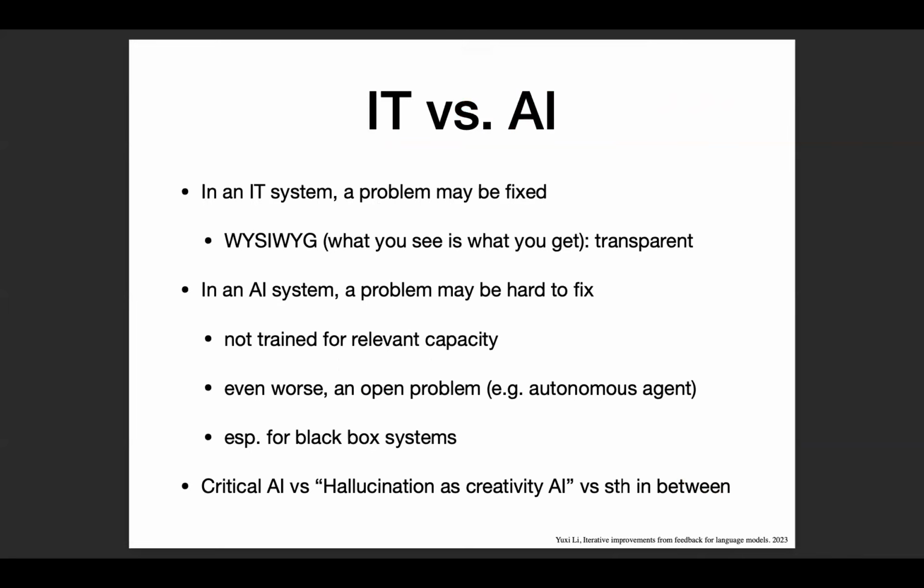IT versus AI, maybe. IT is especially transparent. What we see is mostly what we can guide. But AI is sometimes very opaque. We don't know if something wrong happened, and we don't know what's wrong. Models like GPT-4 are trained using millions of dollars. If something goes wrong, can you fix it?